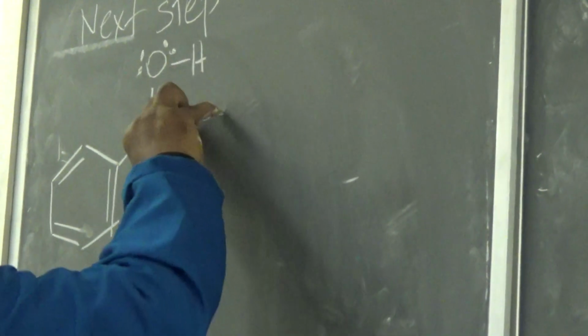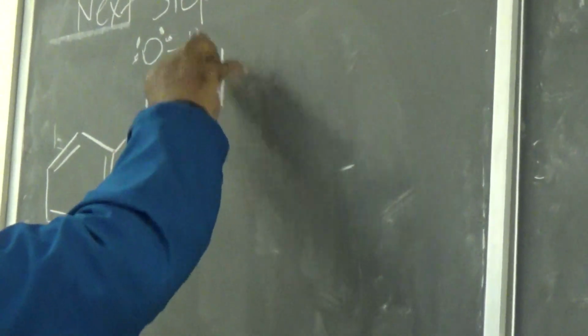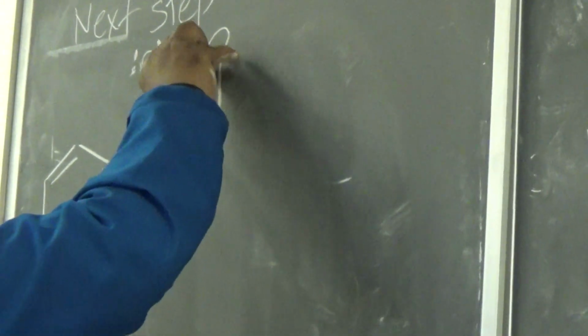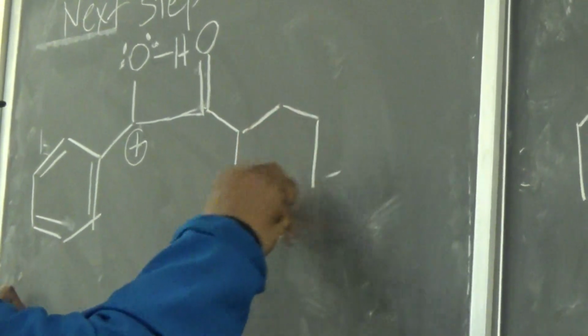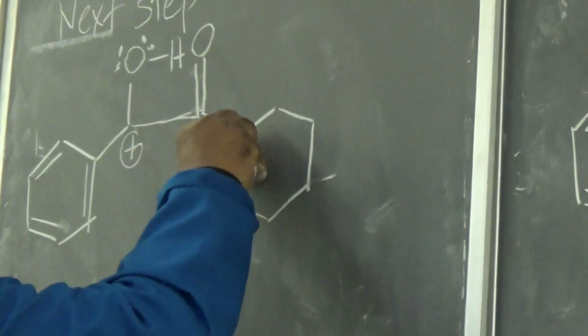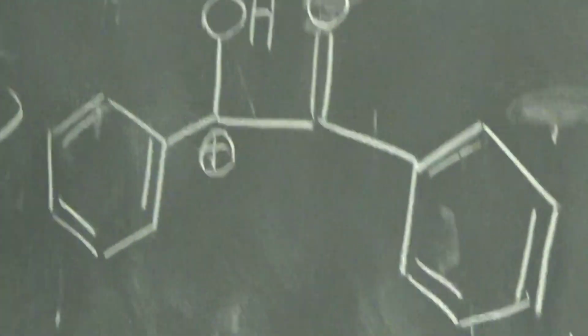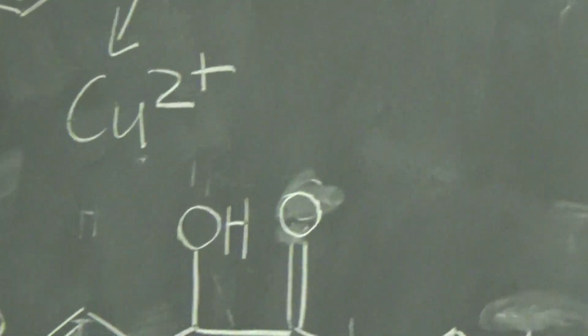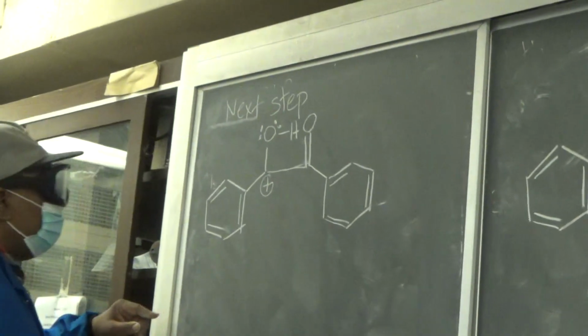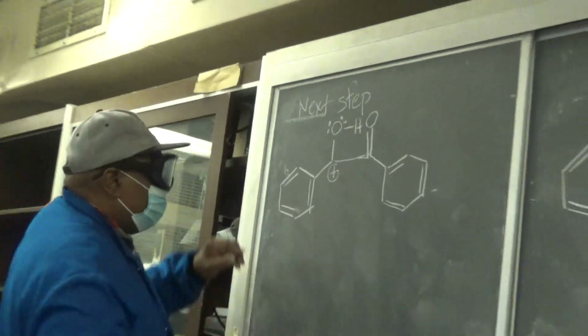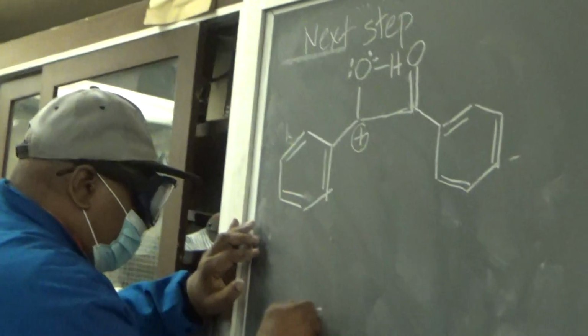Here, you have your ketone. And now you have that, which is the same as that structure. The same as that. What will happen now? You still have this one here.